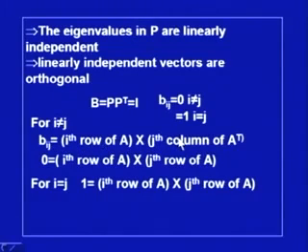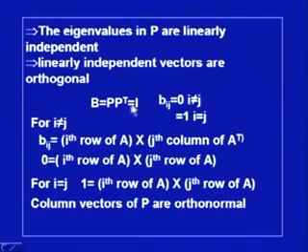So this is going to be 0 when i and j are distinct, and when i is equal to j, then the ith row of A is multiplied by the ith row of A, that means two vectors are multiplied, and this has to be equal to 1, because our claim is that P is an orthonormal matrix.